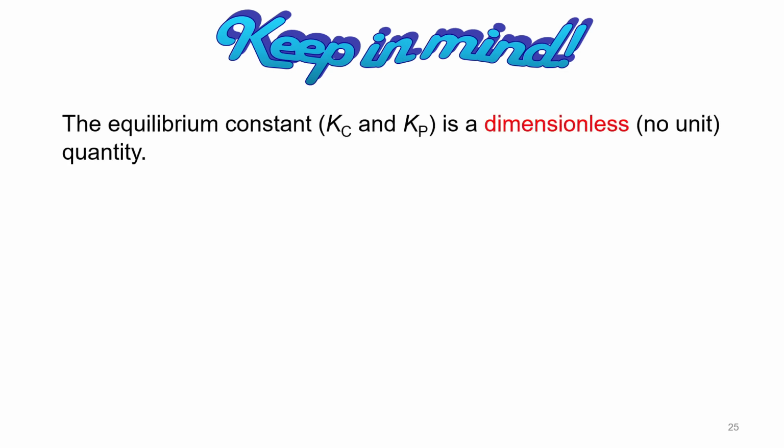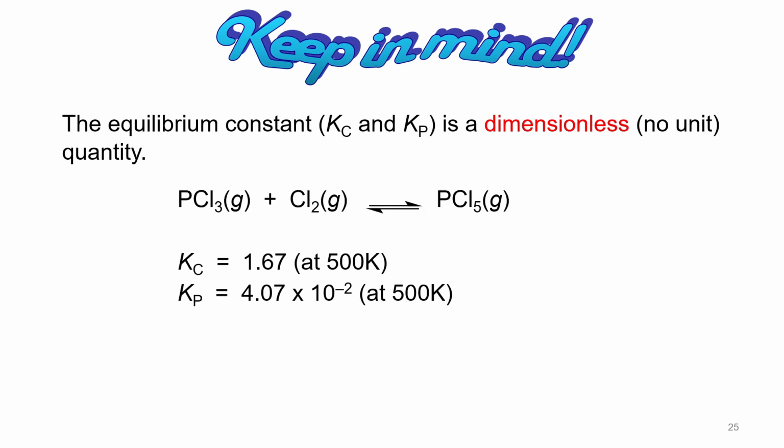So please keep in your mind that the equilibrium constant Kc and Kp is dimensionless, meaning that it has no unit of quantity. So Kp is 4.07 exponential -2 at 500 Kelvin. And then this one is 1.67 at 500 Kelvin.